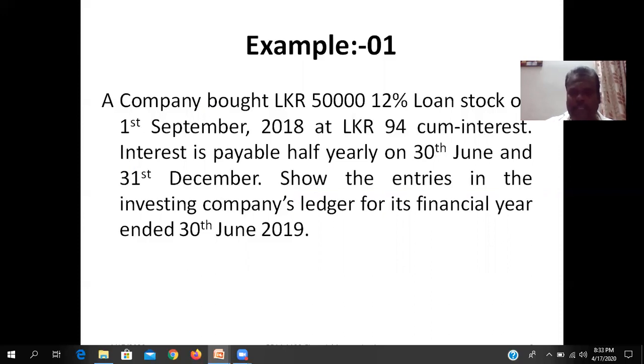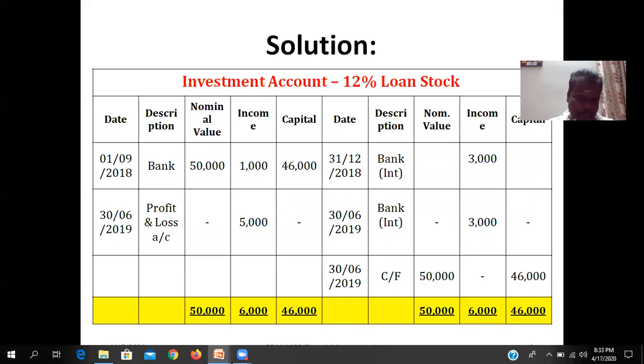So 50,000 divided by 100, that means altogether 500 loan stock was purchased. Then how can we compute the capital value? 500 into 94, we will have 47,000.